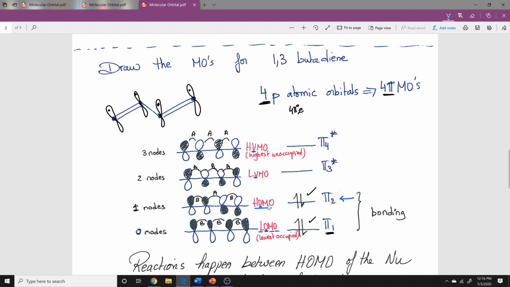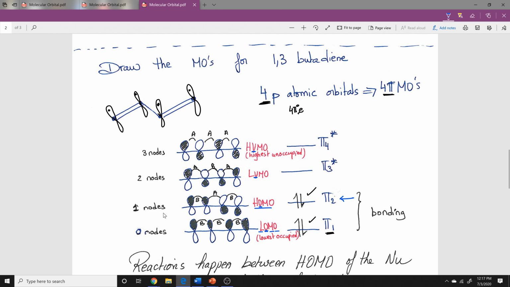Going to the highest occupied molecular orbital, this is how I want you to draw them: each two are going to overlap with each other. So the first two are going to overlap with each other, the second two are going to overlap with each other, but the ones in the center don't. So basically what you have here is one node, which is the anti-bonding. A stands for the anti-bonding, where there is a possibility of not finding an electron.